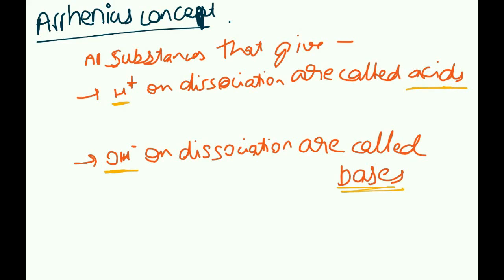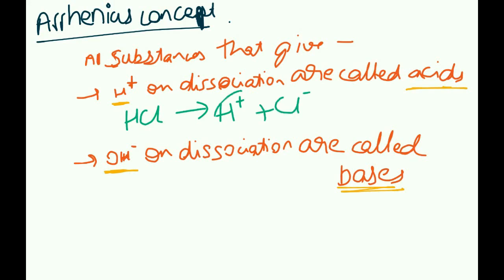For example, I'll take a compound, say HCl. When it undergoes dissociation, you get H plus and Cl minus.